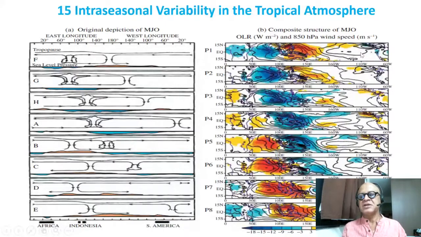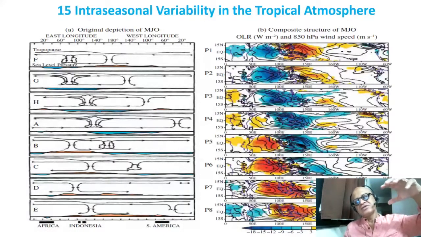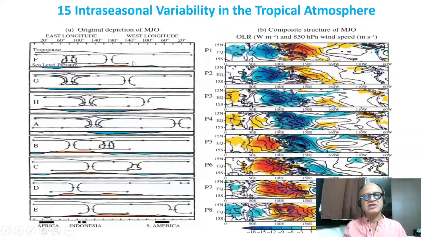And you can see the reappearance of the dry phase behind, which reorganizes the sea surface temperature, creates the vertical temperature gradient between the sea surface and something like 200 hectopascal, which we will see, which is an indication of the moist static energy gradient and buildup of the convective available potential energy, which then gets converted into kinetic energy as convection, and then the next phase starts. So that's the basic idea of this eastward propagation.